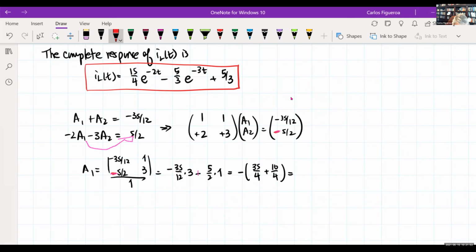So then that should be positive. So then let's clean that up. So then this is minus, and then this new sign should be plus. So then this should be minus 25 divided by 4. And that should be A1.